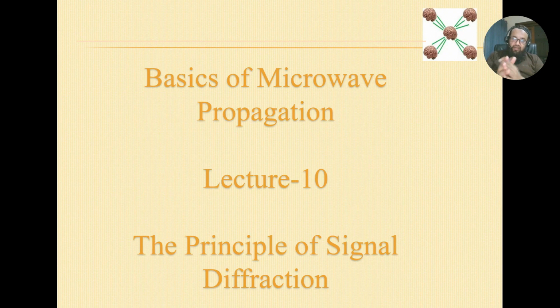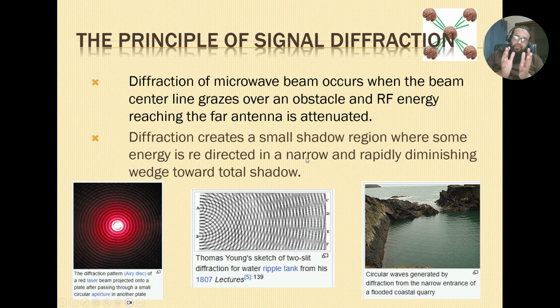So like in the last video, I said that we will start the deeper part, and we will now start to learn what diffraction is. Diffraction happens in many ways. As I told you, waves have diffraction. The wave can be any type of wave. It can be a light wave that you can see, it can be water waves, because water also has waves, and it can be a microwave.